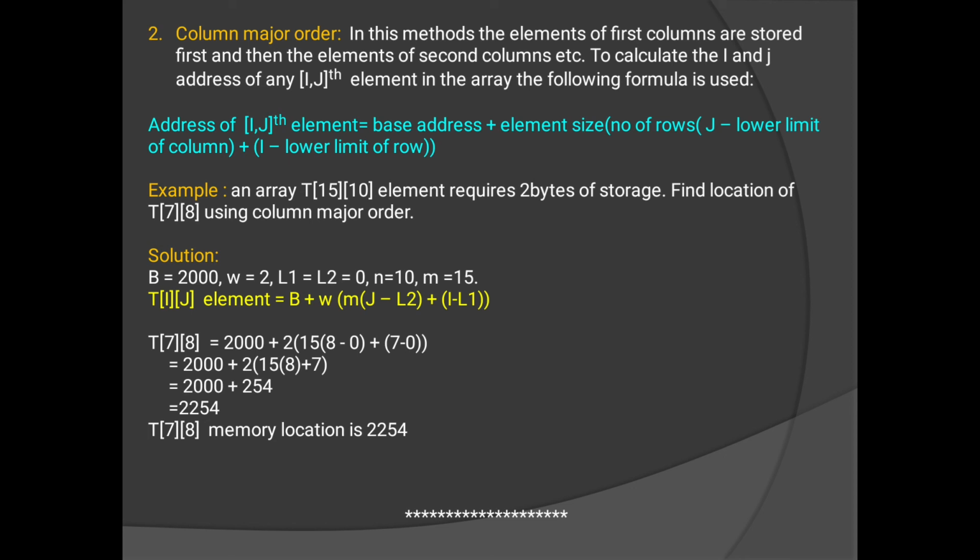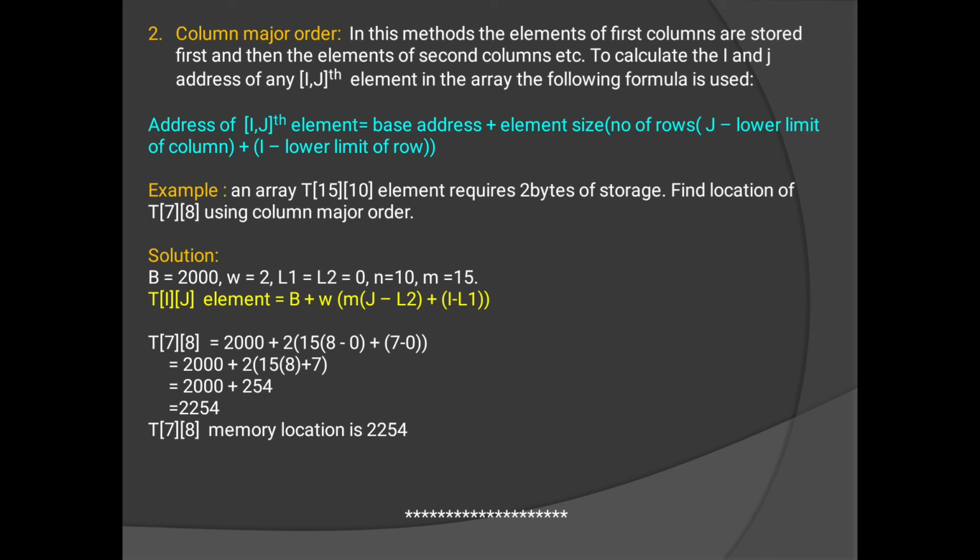Base address plus element size, but instead of number of columns, it becomes number of rows. Instead of i, it is j, and lower limit of column instead of lower limit of row. Similarly, in the last part, plus i minus lower limit of row, whereas in row major order it was j minus lower limit of column.